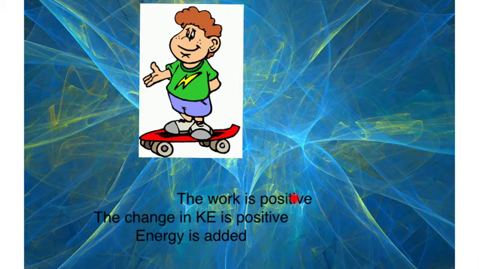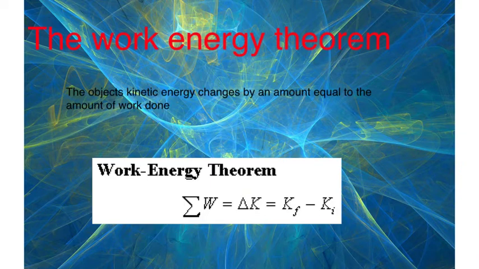The work in this case is positive because our force is exerted in the same direction as he's moving. So, since the work is positive, the change in kinetic energy is positive, and that means that when we did this work, we added energy into our system. So that brings us to a very important theorem in physics. It's called the work-energy theorem.